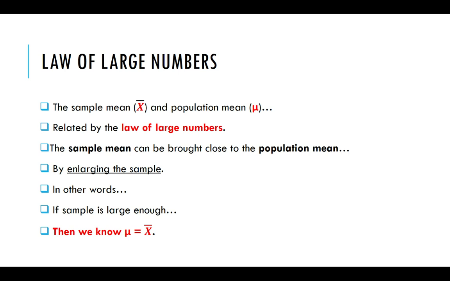But one more time, the whole reason we take samples to begin with is to learn about our population. So if I can simply make my sample bigger and bigger, and therefore get a sample mean that better reflects the population mean, that's cool because it's allowed me to learn a lot about my population parameter, right?